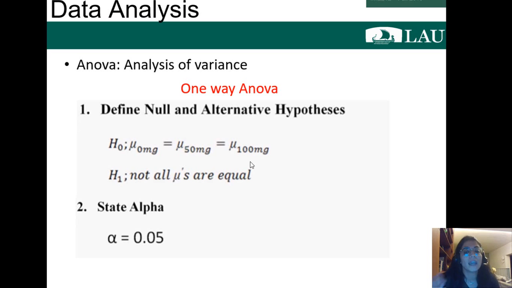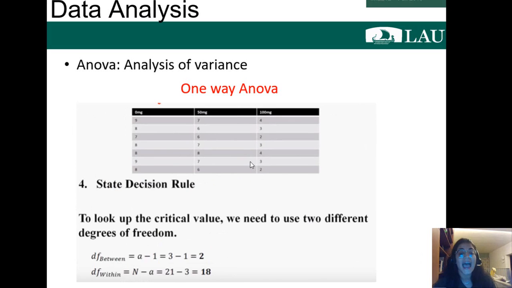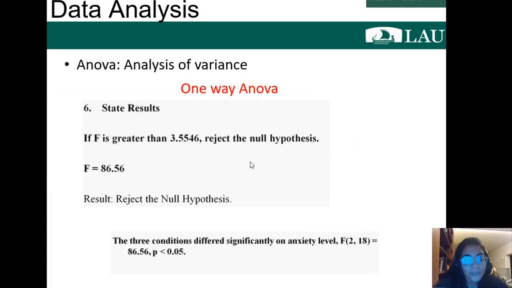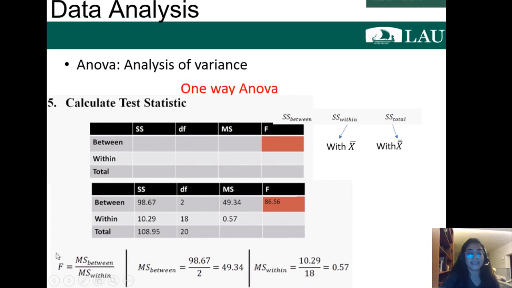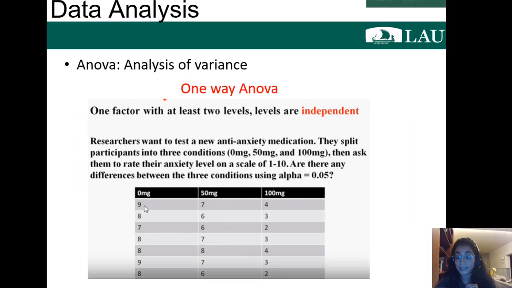How to verify if H0 is correct or if it is valid or not? Basically, it is by finding F. What is F, guys? F is basically the ratio of the mean square of variance between the groups, which is group 1, 0 milligrams, group 2, 50 milligrams, and group 3 is 100 milligrams.